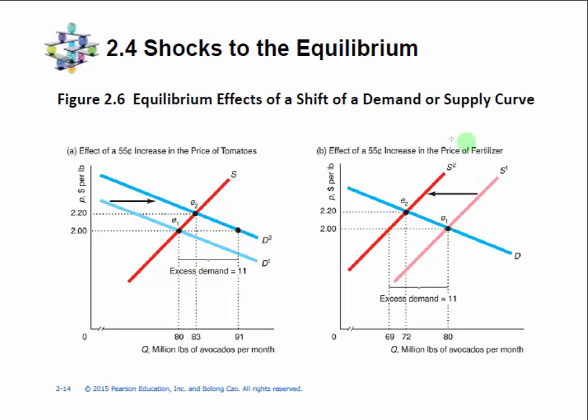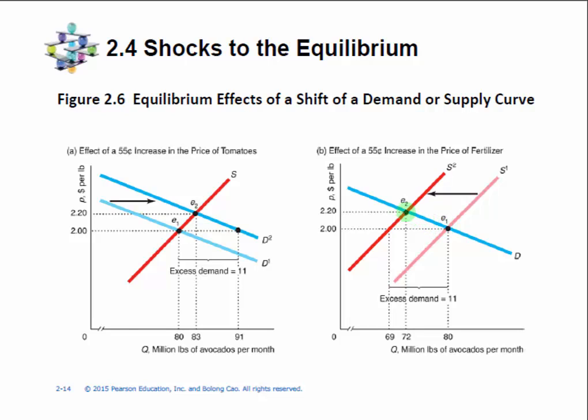Now let's look at the supply change, right? The supply in this picture shifts to the left, shifts inward. It means a decrease in the supply. And then what's the result? Price is higher again, but the quantity decreased, right? The equilibrium quantity decreased from 80 to 72. Now what happened? This is a movement along the demand curve, right?